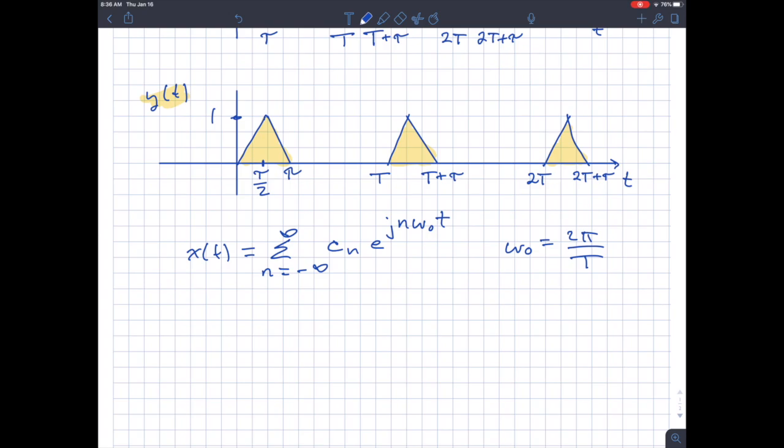What we know about this is that we can find Cn by applying the Fourier series synthesis formula. In that, I take 1 over T, integrate over any period of the waveform, and then multiply by e to the minus j n omega naught t dt.